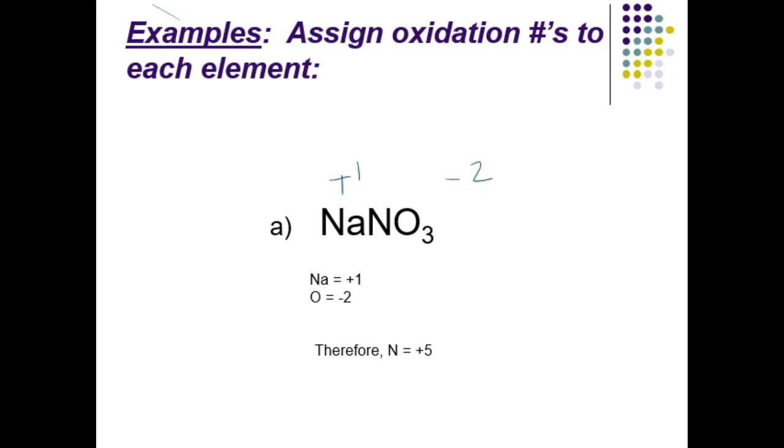This has a -2, and there's 3 of them, so 3 times 2 gives us 6. So we have a -6. We have a +1 and a -6, so the only thing left, because there's no charge attached to the compound overall, is a +5. Okay, just kind of keep that in mind. I think there's a couple of them that we do where you have to figure something out.